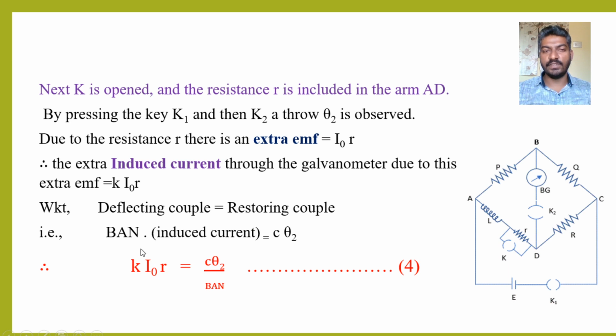So here the deflecting couple can be written as BAN into induced current, which is equal to the restoring couple Cθ2. Let us substitute this induced current here. Substituting and simplifying, K I0 r is equal to Cθ2 divided by this BAN here. Let us have this as equation 4.